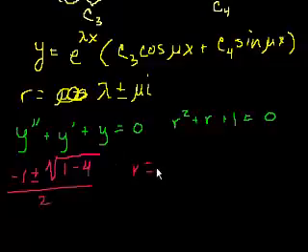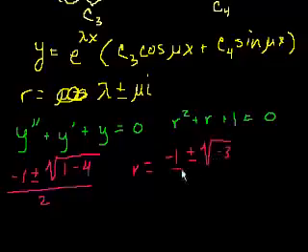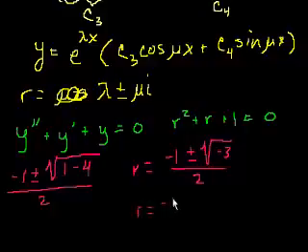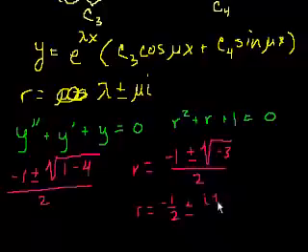So the roots are going to be negative 1 plus or minus the square root of negative 3, over 2. Or we could rewrite this as r is equal to negative 1/2 plus or minus the square root of 3 over 2 times i.